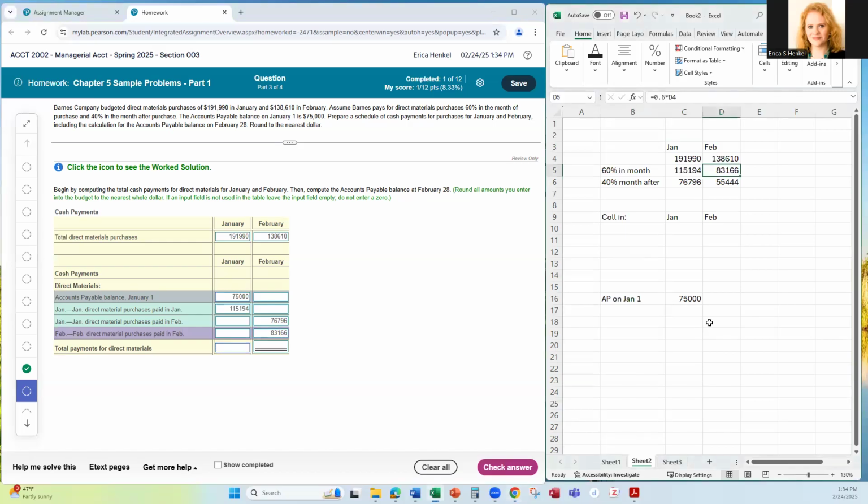So it really does help to make a spreadsheet here to map this out, to keep track of where all these numbers go. Even if you have a bunch of months, highlight when they're getting paid, because there is a multi-month example in your homework. So just keep track of that.